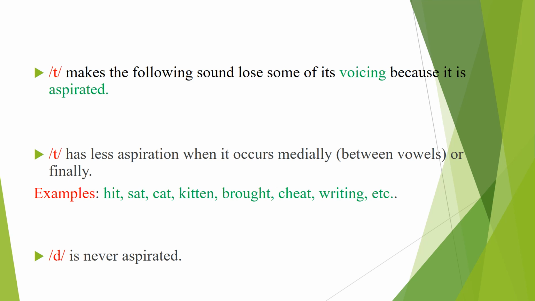T makes the following sound lose some of its voicing because it is aspirated. T has less aspiration when it occurs medially or finally. Examples: hit, sat, cat, kitten, brought, cheat, writing. D is never aspirated.